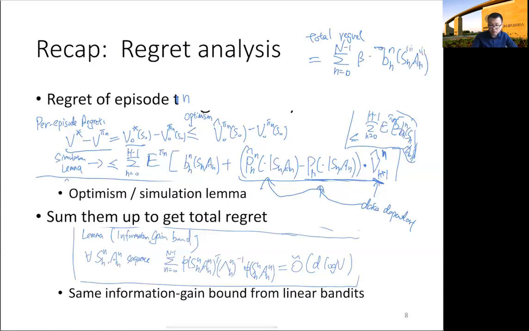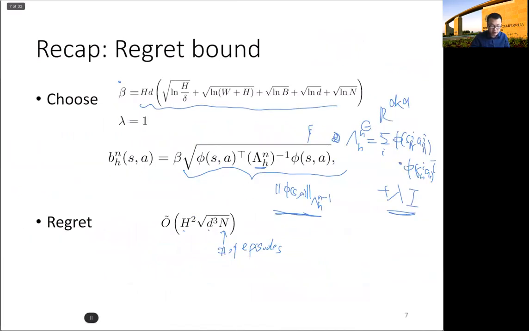So it will become something like this. And for these individual quantities, by looking at what these exploration bonuses look like, right?